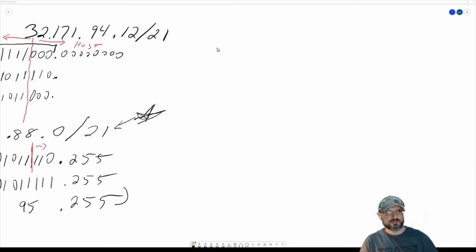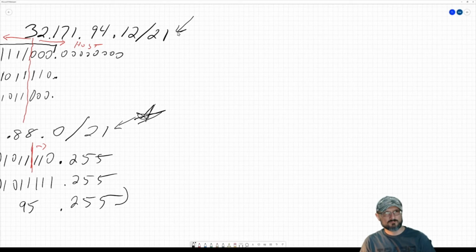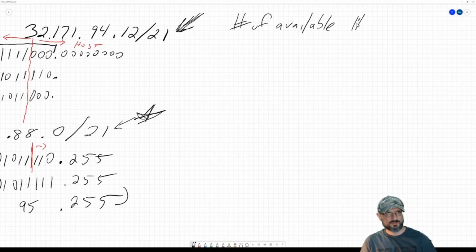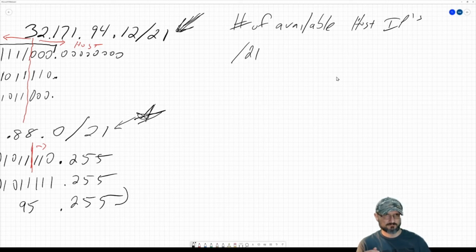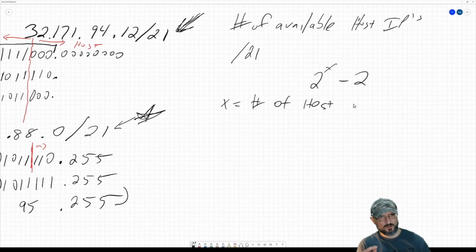Taking this IP address here and this network, we're going to figure out the number of available host IPs or addresses, right? How do we do that? We take the slash 21, and the formula is 2 to the x minus 2, where x equals the number of host bits.